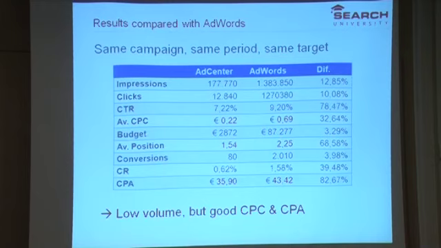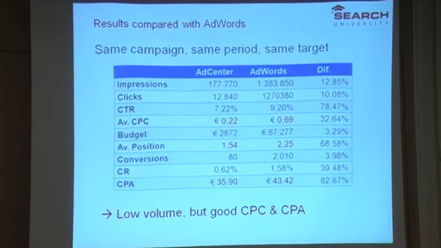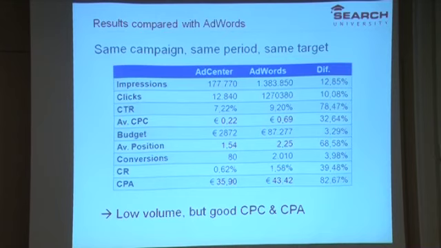We have only 22 cents per click on average instead of 69 cents for AdWords. And this is, for me, the main difference: as you have low volume, you have really fewer competitors. So, of course, you don't need to bid a lot to get very good positions.